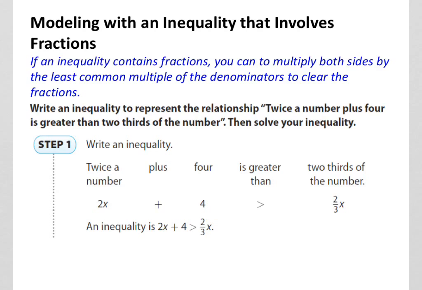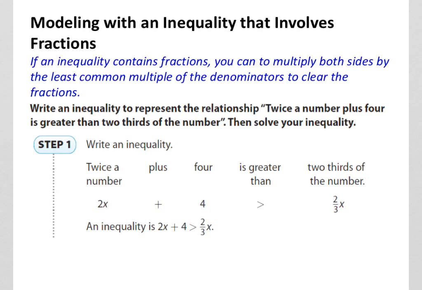Okay, let's go ahead and get into example 1 and see what we have. It says, if an inequality contains fractions, again, this is the same thing that we looked at with the equation, you can multiply both sides by the least common multiple of the denominators to clear the fractions.